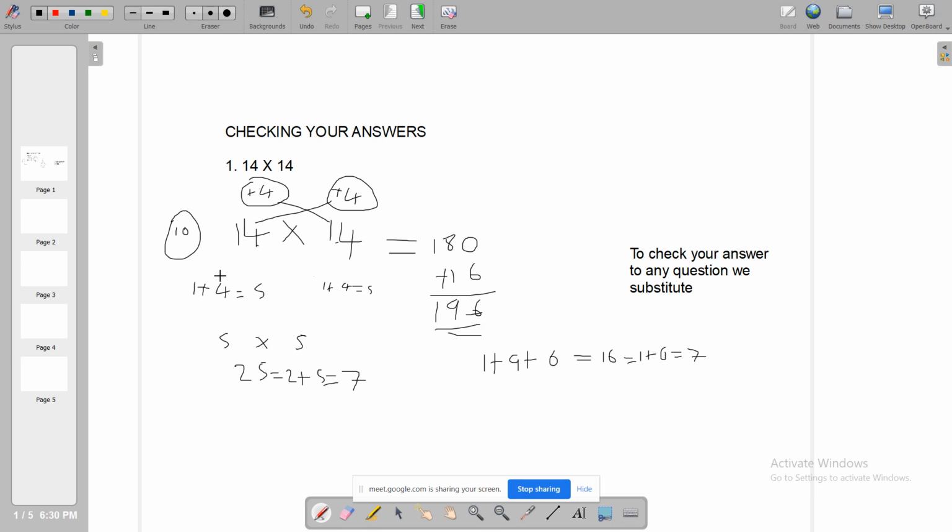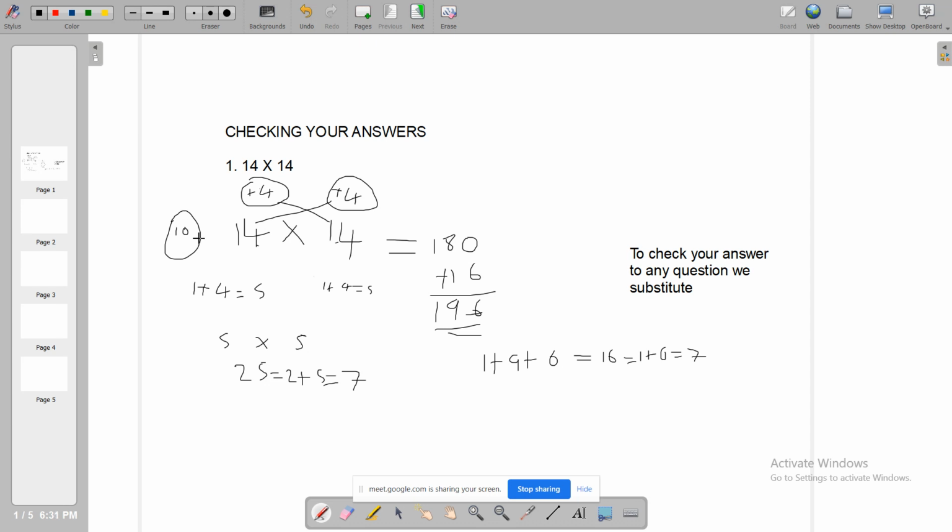Okay, so now what we are doing is we want to check our answer. You can use a calculator to check whether the answer is correct, but we don't want to use a calculator. So we should have a way to check our answer to see if we are correct or wrong. And this thing can be done in any question at all. So now we have this.